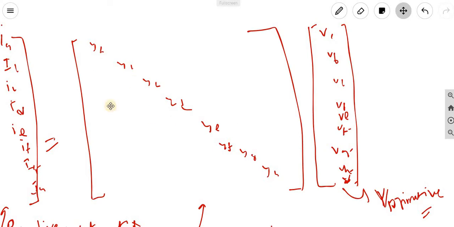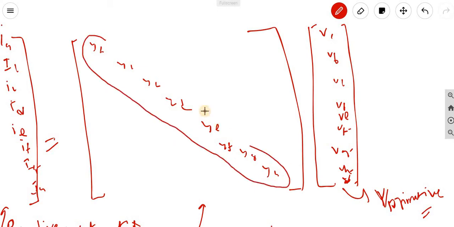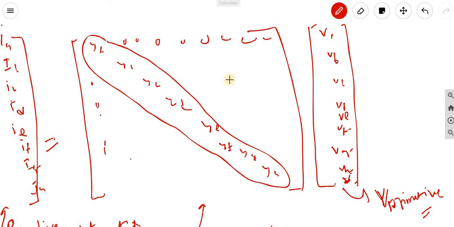In the Y primitive matrix, only the diagonal elements are present; the other elements are 0. You fill in the zeros, and only the diagonal elements will be present. So what would be the matrix size?